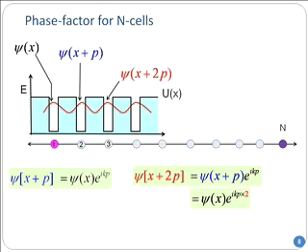Do you see this? That when I have gone two steps, I could cascade the solution back and essentially pick up the phase. So if I am two steps away, I will pick up a phase factor compared to the zeroth one, by 2 kp.